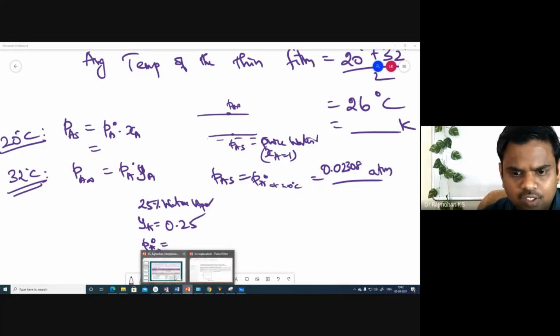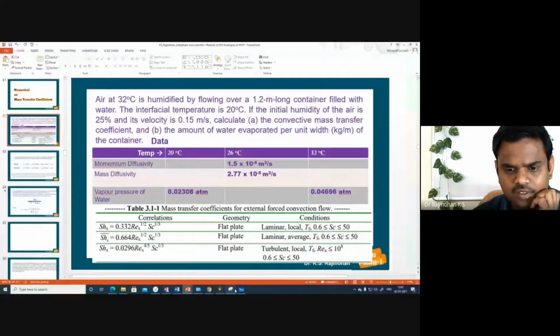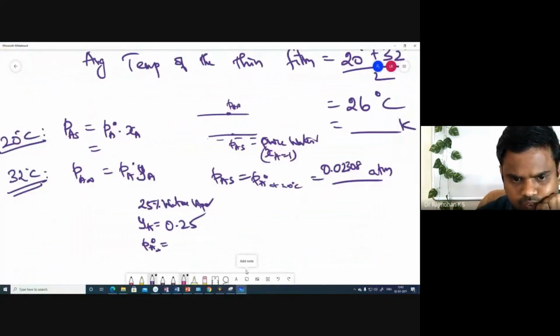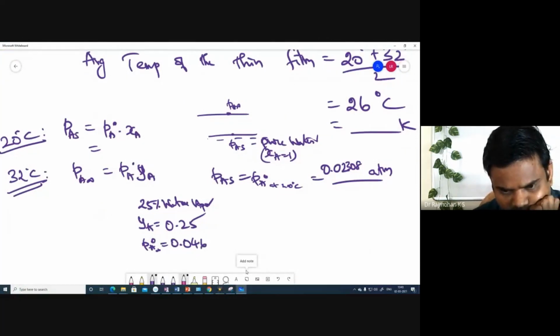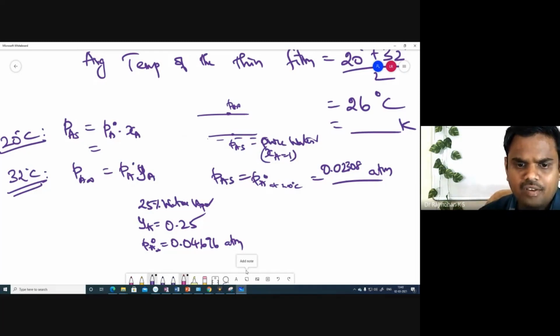If you refer to the table, it is 0.04696 atmosphere, right? So we have the PAS value and the PA infinity value in atmosphere.